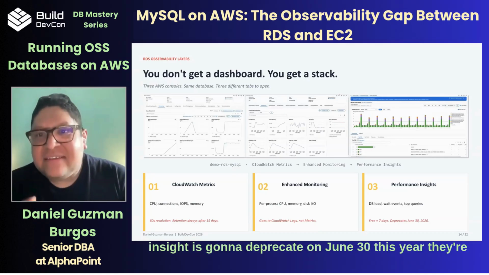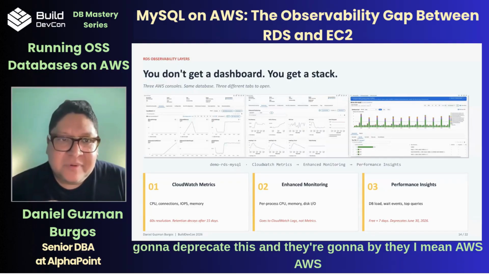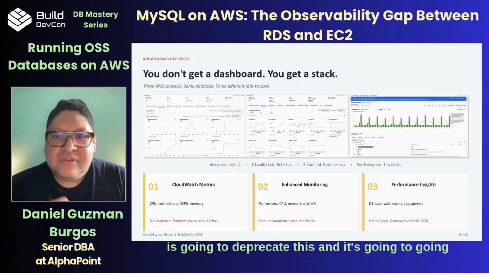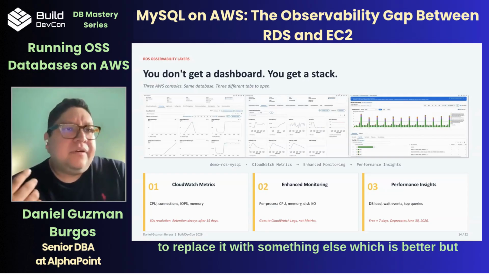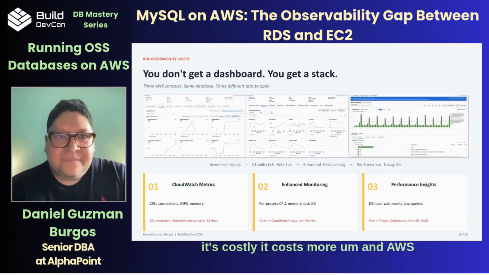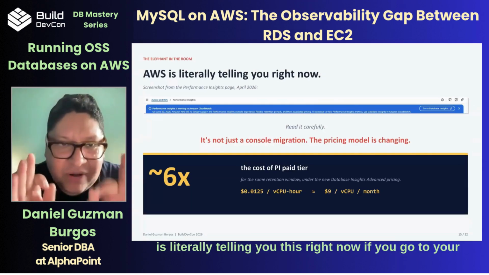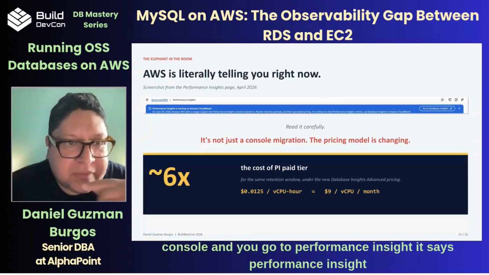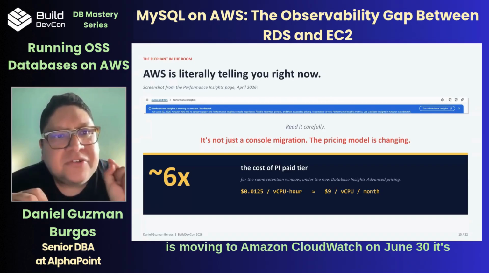And Performance Insights is going to be deprecated on June 30 this year. AWS is going to deprecate this and replace it with something else, which is better, but it costs more. And AWS is literally telling you this right now. If you go to your console and go to Performance Insights, it says Performance Insights is moving to Amazon CloudWatch on June 30.